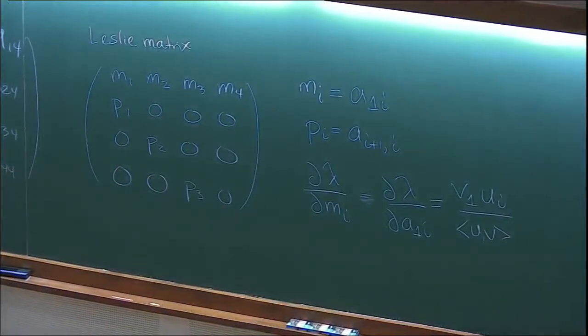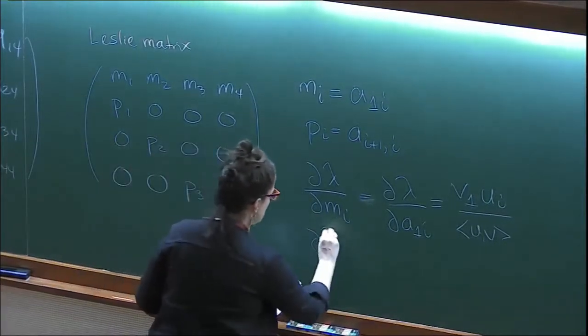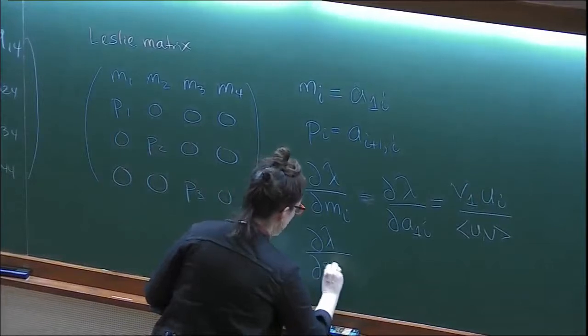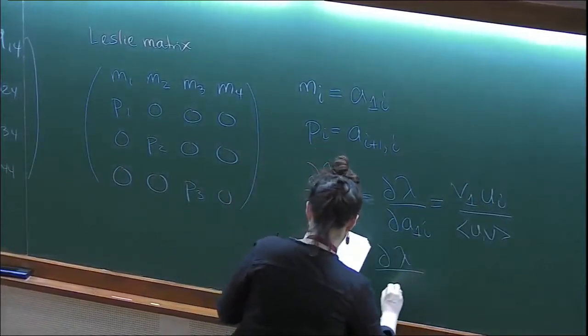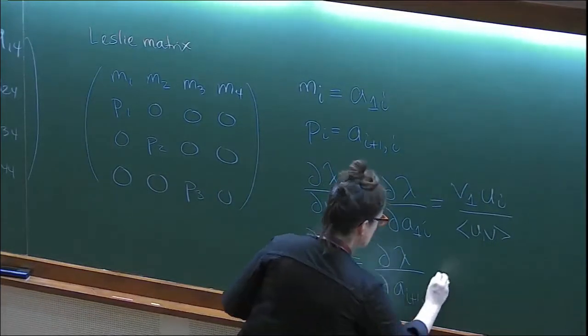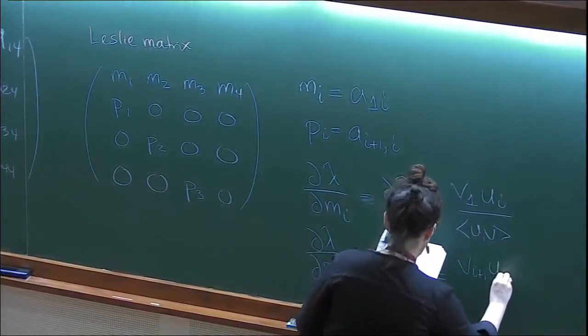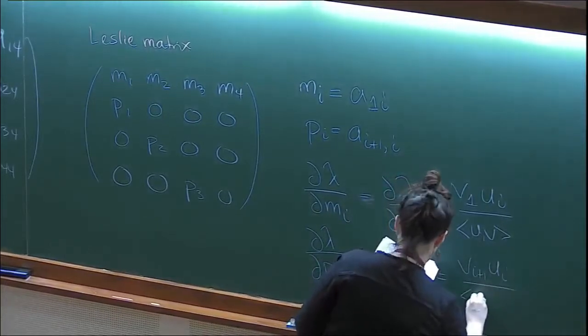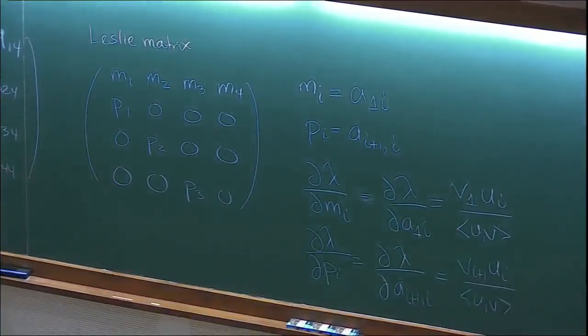This is just J was missing. And then the other kind of sensitivity is the sensitivity to the probability, the survival probabilities, the age-specific survival probabilities. And again, these equations, they were correct. They were what we had last time.